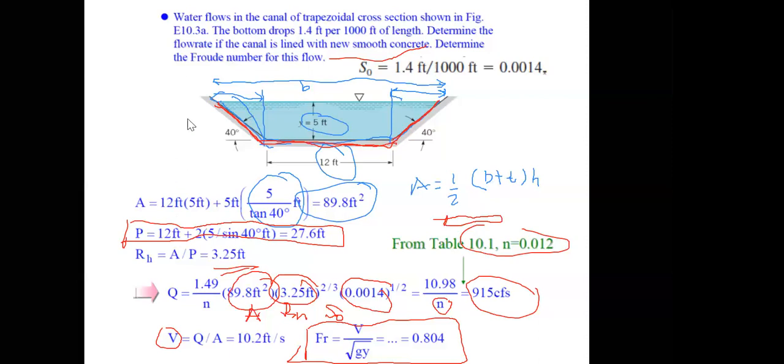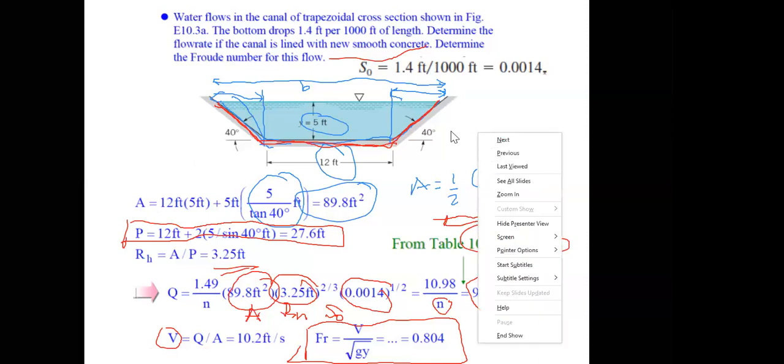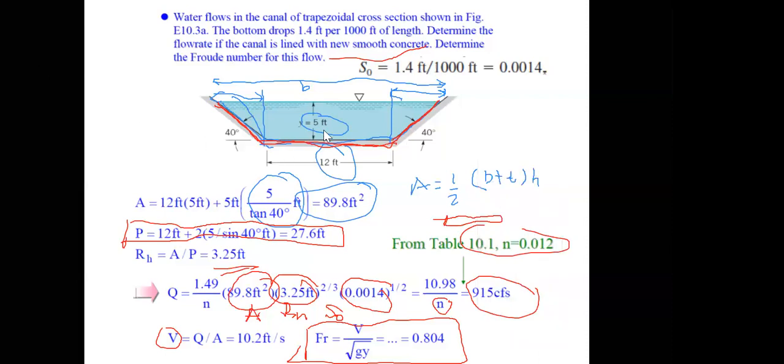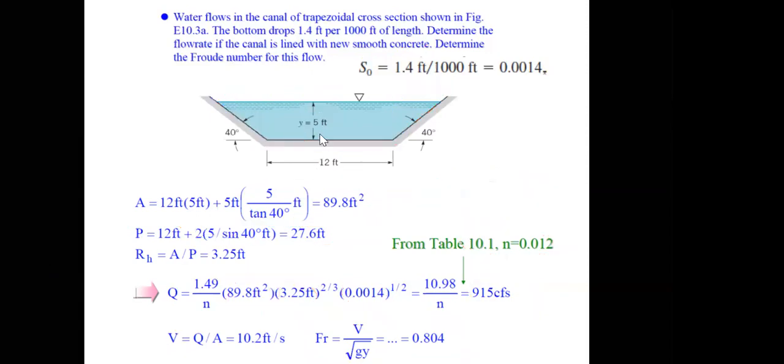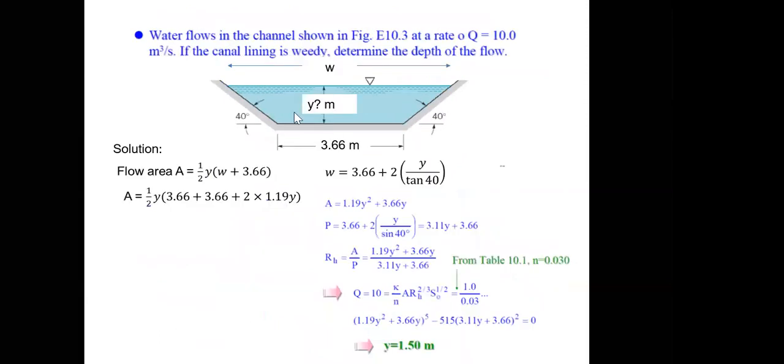Okay, no questions? Okay, let's modify it a little bit. Over here, we know the geometry and we want to find the velocity or the discharge. Another case is when we design the channel: we don't know the geometry, but we know the discharge. I mean, we want to have a certain discharge. And this is given in this kind of problem.